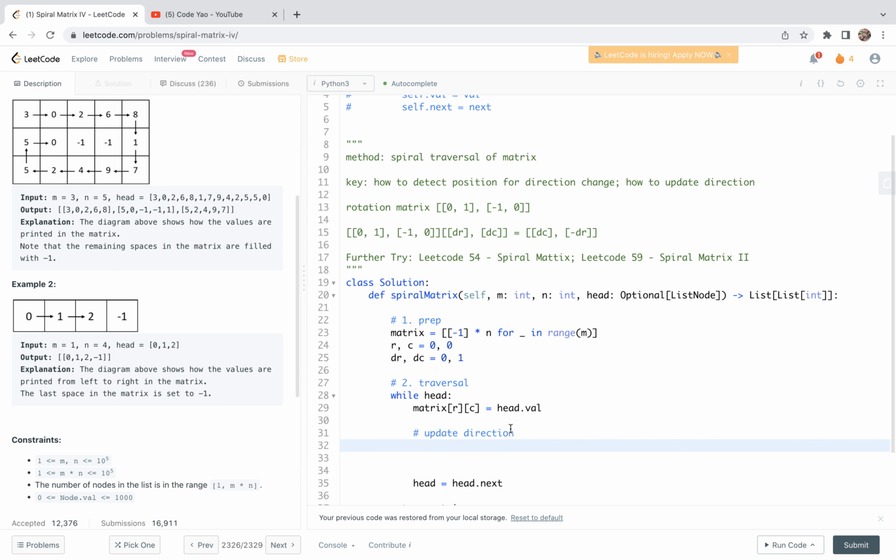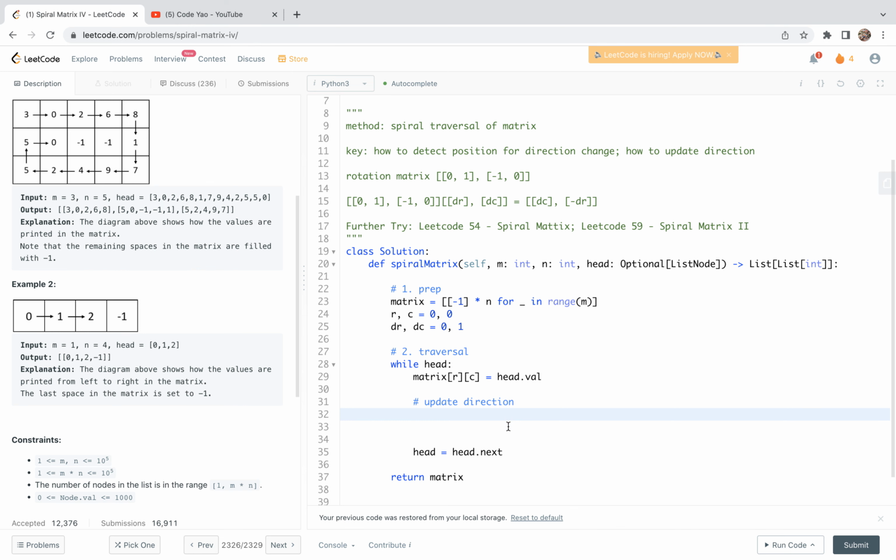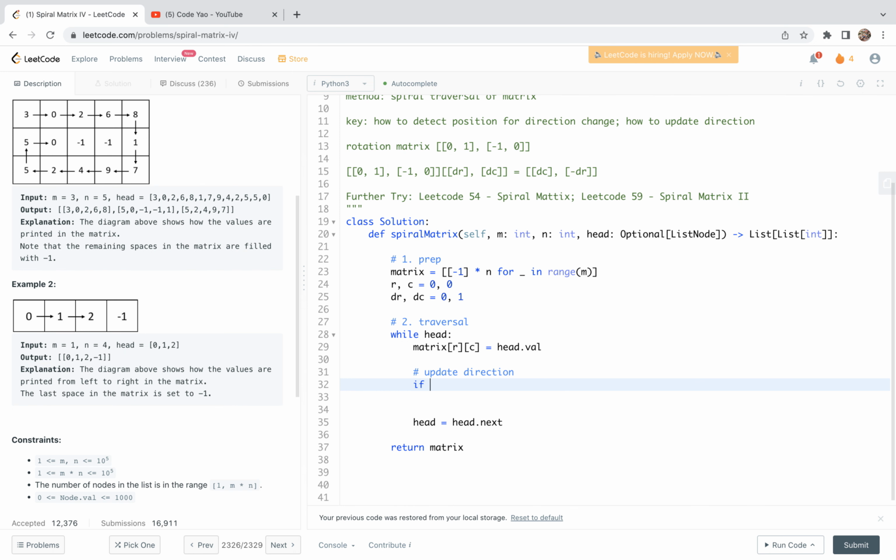But here, let's see how to detect the condition for direction change and how to update the direction. Let me write here. If we want to update the position, r becomes r plus dr, and c becomes c plus dc. So we want to check the update condition and do the update.